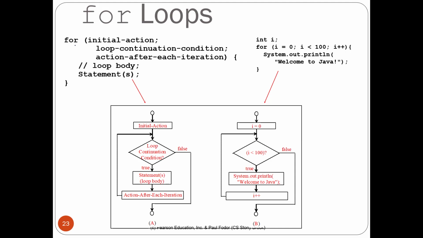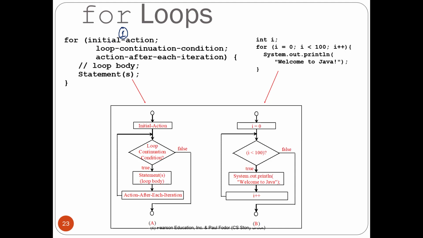This for loop, if you look at it, has 3 parts in it. This is part 1, which is the loop initial action, and these 3 parts of the for loop are separated by a semicolon.